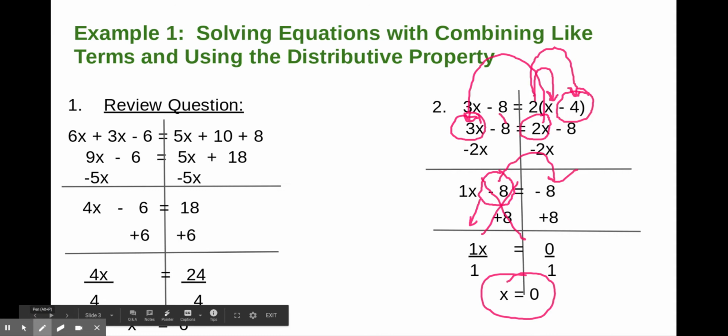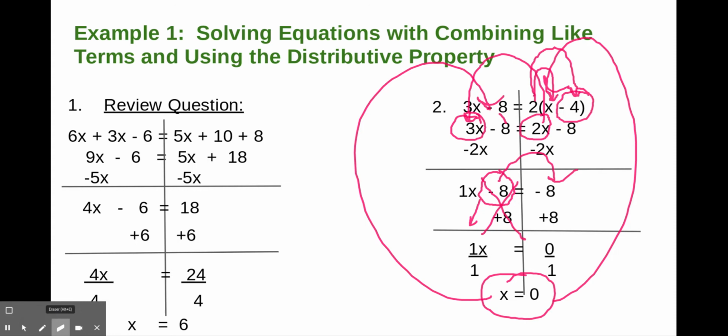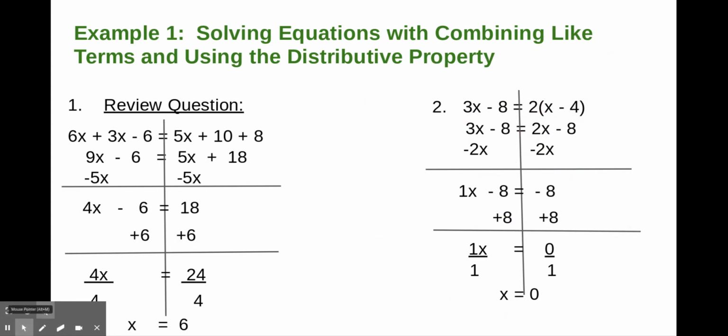Okay. And you can substitute that back into your original equation, and the left side and the right side should be equal. And we can walk through that step real quick here. Okay, so we said that x is equal to 0. So in your equation, we have 3x minus 8 equals 2, and then x minus 4, right?